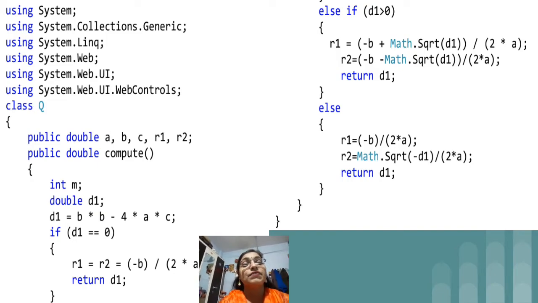Next is else if d1 is greater than 0, then what calculation? We are going to get roots which are real but distinct. So that plus and minus thing which I have explained, that is minus b plus square root of b square minus 4ac upon 2a. The same calculation I have written: r1 equal to minus b plus, and to calculate the square root we have the sqrt function, which is part of the Math class.